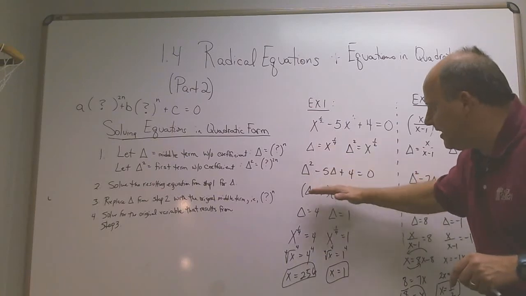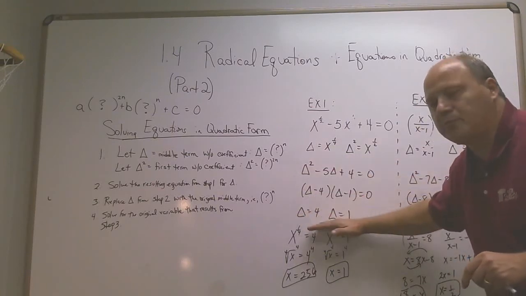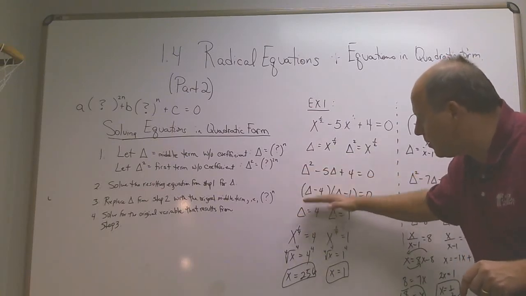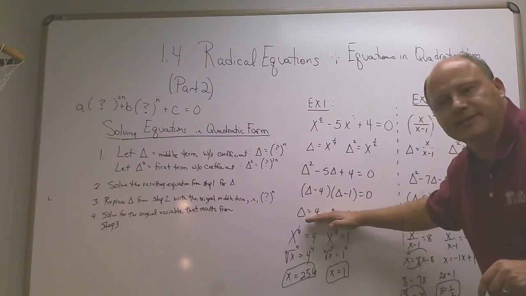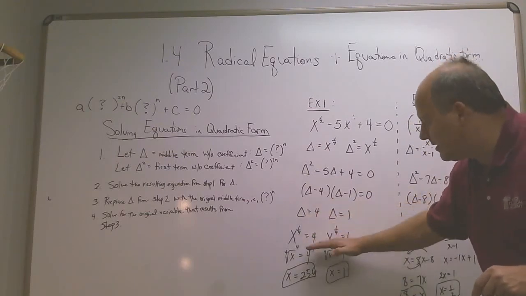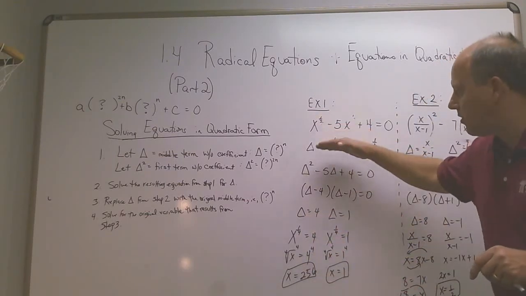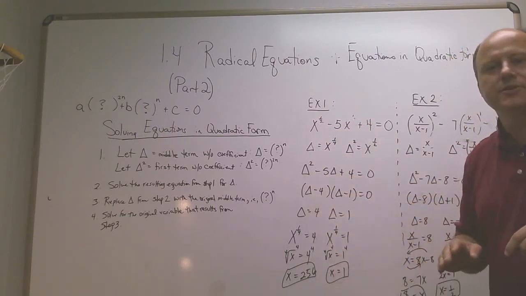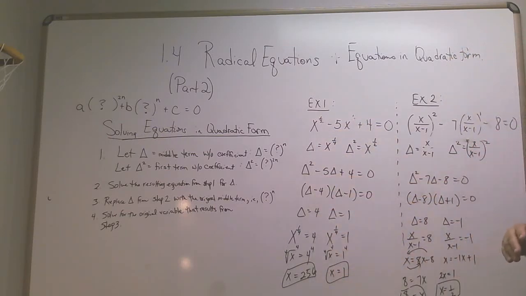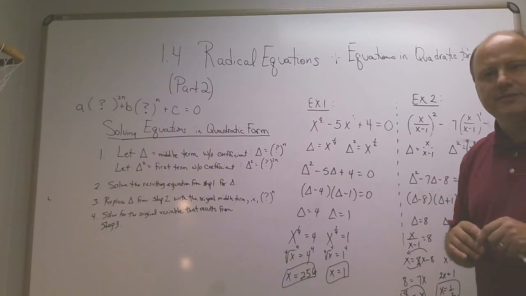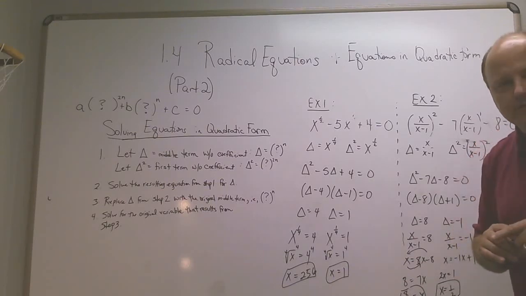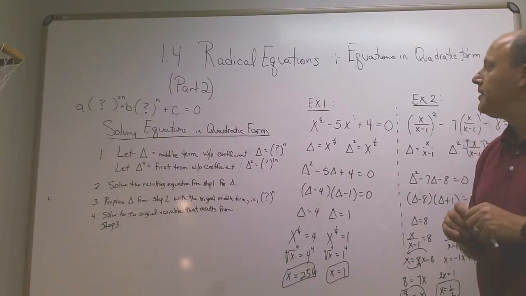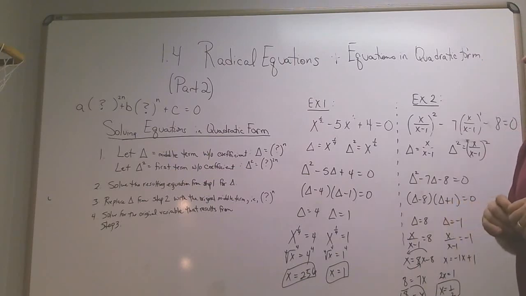Once they get here, people can usually solve for delta pretty easily. So this little block of work is pretty easy, and then it gets kind of hard again. So it goes hard, easy, hard again. But you just got to be patient and methodical. Anyway, this is 1.4 part 2.